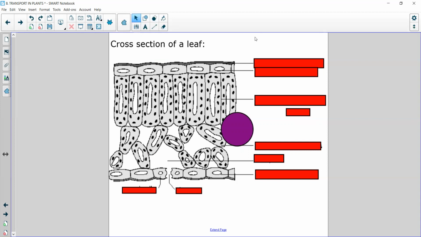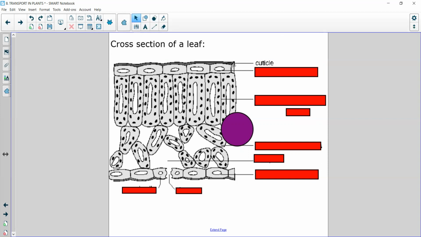So let's look at each section of the leaf then. Up at the very top of the leaf, we have something called the cuticle, or sometimes called the waxy cuticle. And this is a protective layer that covers the top of the plant, and it just protects it from excessive heat and excess sunlight.